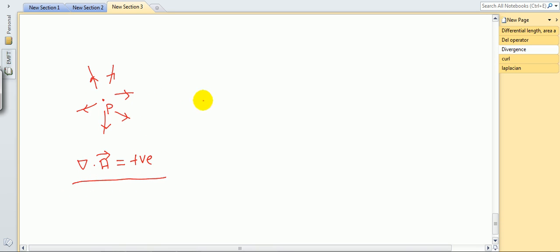as you can see. Now if I find divergence for this point and this field, as the field is coming inside, coming towards the point, it will come as negative because it is actually not diverging, it is converging.